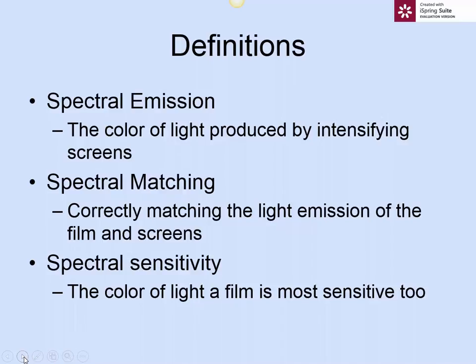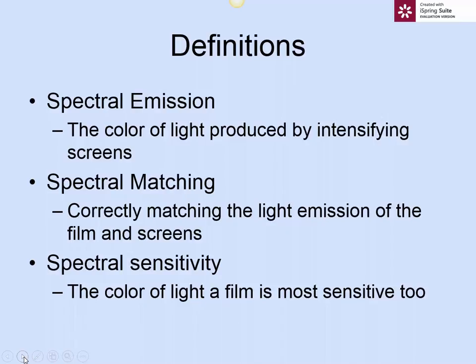We were talking a little bit, for example, about the fact that calcium tungstate screens are blue emitters, and you've got lanthanum or gadolinium oxysulfides, which are either blue-green emitters or green emitters. Spectral matching essentially meant, as I believe I defined it, that you had to use the appropriate film with the appropriate intensifying screens.